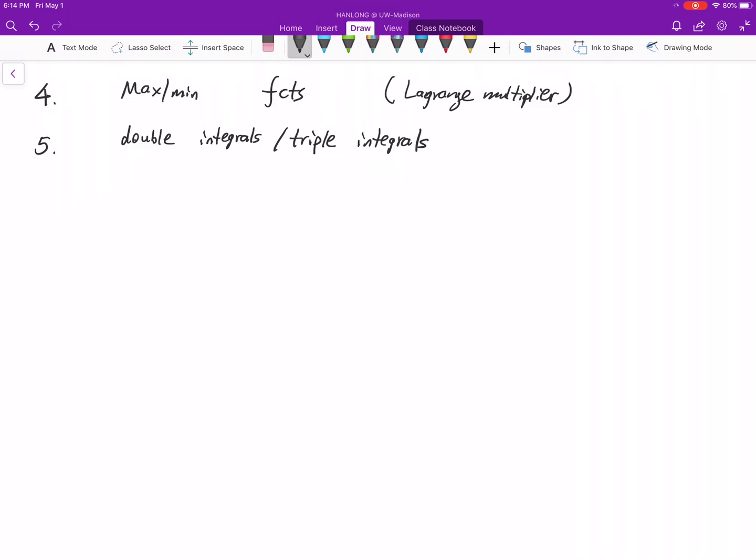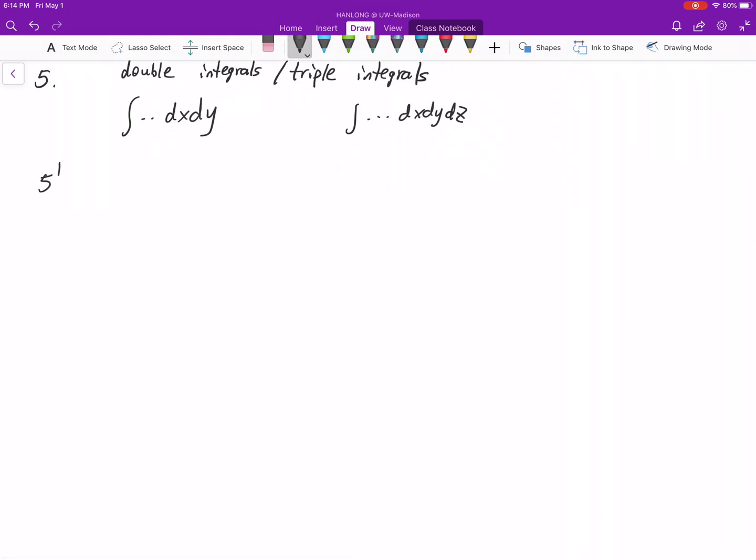All you have is, if you are in 2D, then you integrate dx dy, in 3D dx dy dz. And of course, immediately we introduce some convenient coordinates, spherical, cylindrical coordinates.